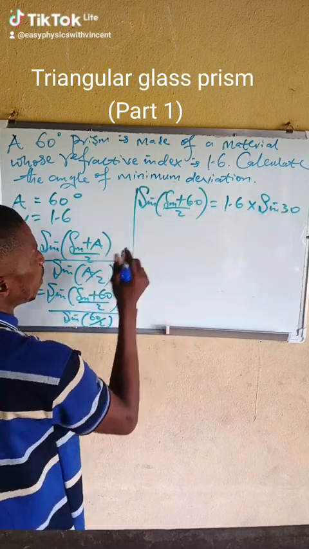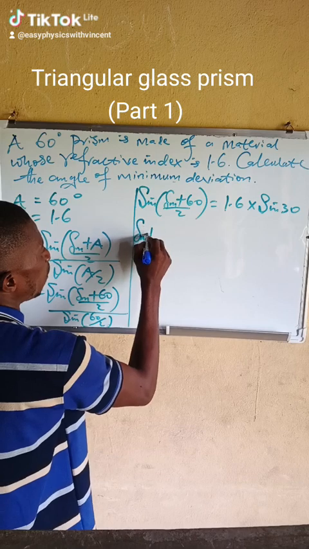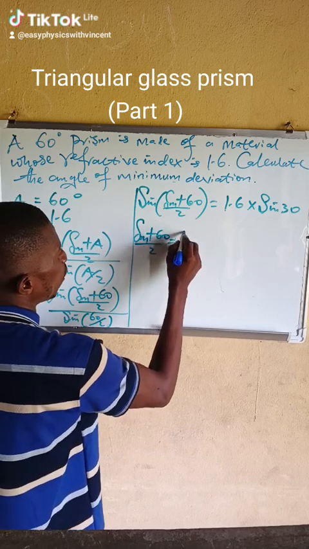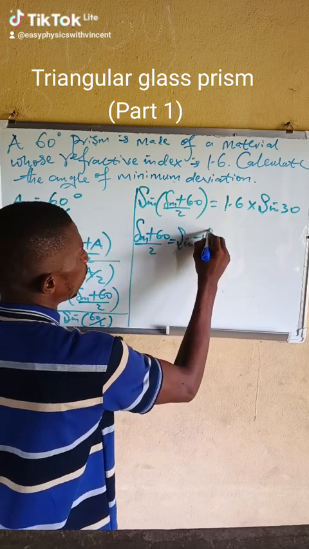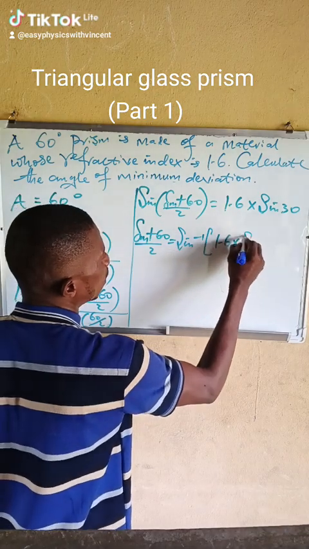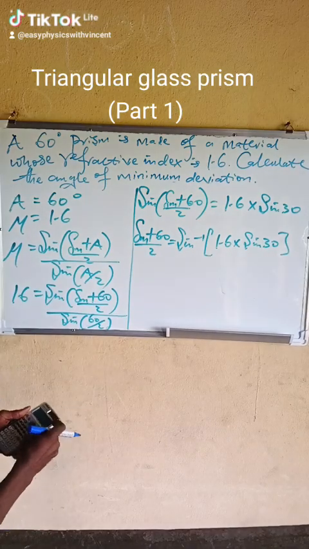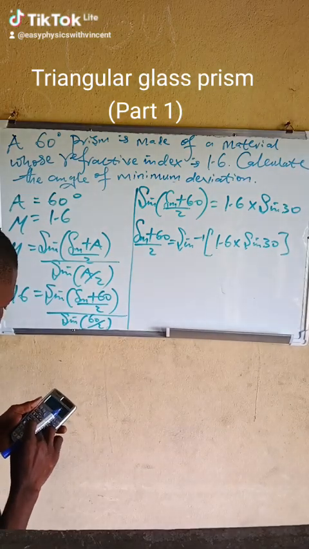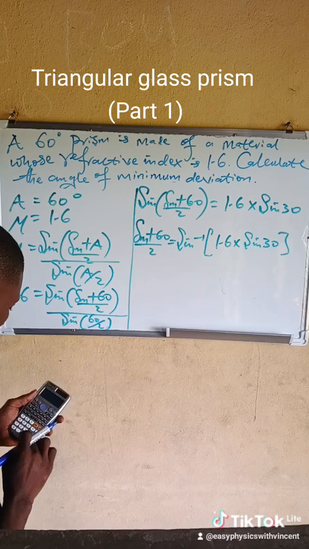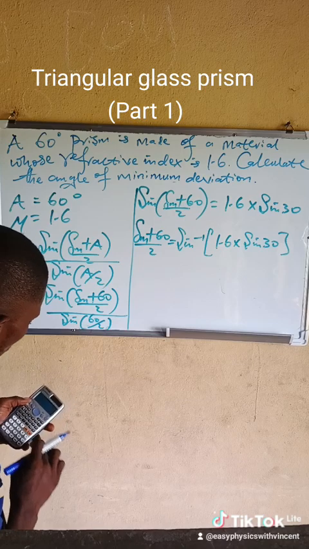I'll take the sine inverse of this. So minimum deviation plus 60 over 2 will give me sine inverse of 1.6 times sine 30. Okay, as you can see, let us check: sine 30 is giving us 0.5.